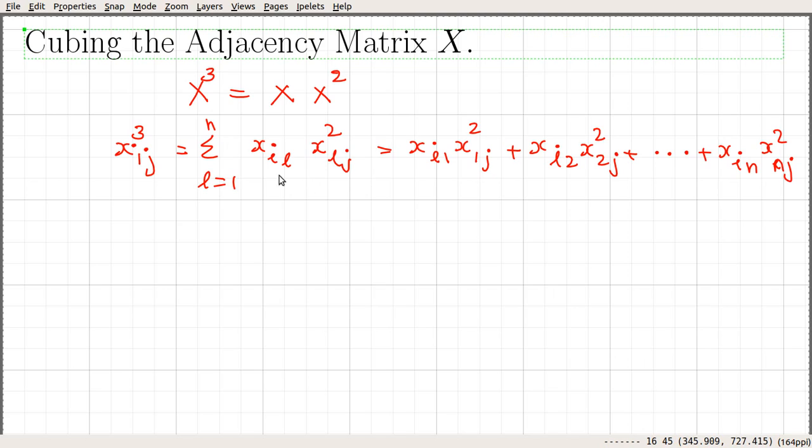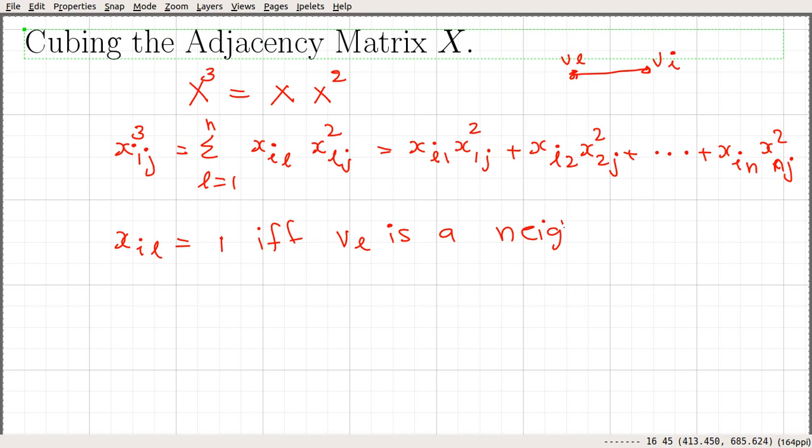So the first term xil is equal to 1 if and only if we have this VL and Vi, and they are connected by an edge. That is, if and only if VL is a neighbor of Vi.